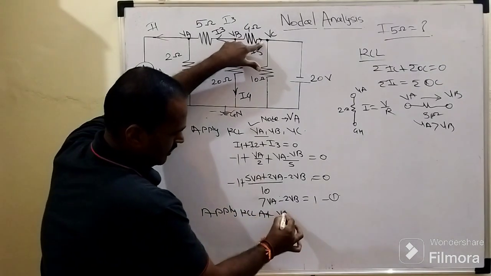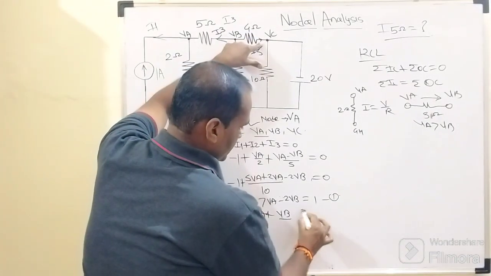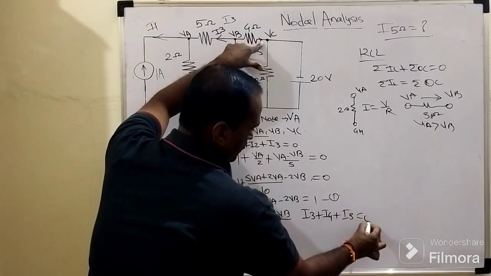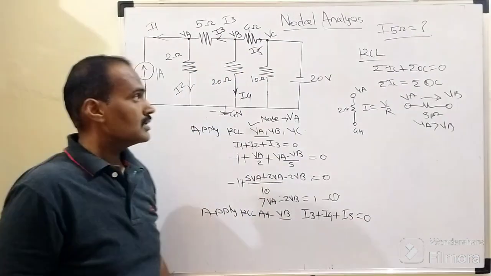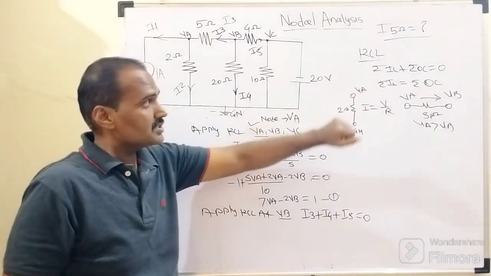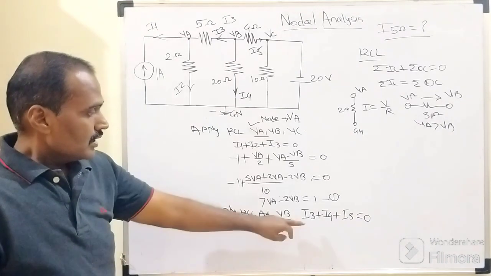So when we apply KCL at node 2, whose potential is VB, the current equation will become I3 plus I4 plus I5 equals 0, because according to Kirchhoff's current law, the summation of incoming plus outgoing currents equals 0, or incoming equals outgoing.